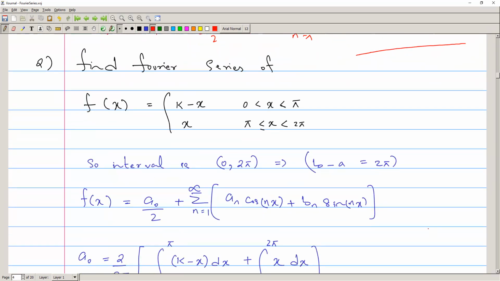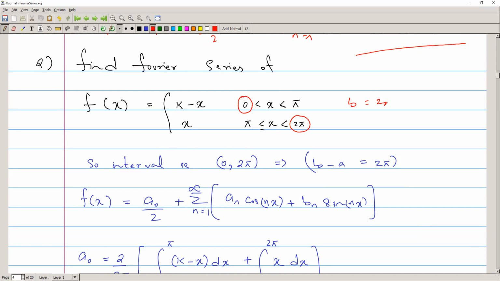Similarly, this is a piecewise function, and now how to calculate the Fourier series. Okay, to find the period of this function, basically we need to check the least and the greatest interval, right?